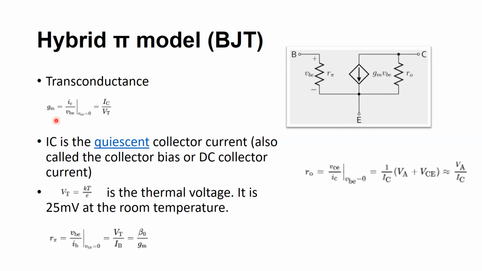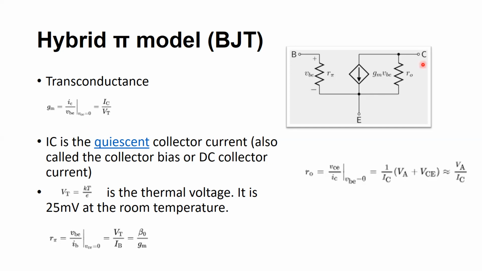The first parameter that we would like to define is the transconductance, indicated by gm, and transconductance is the ratio of output current divided by input voltage. Output current in this BJT circuit is your collector current, and the input voltage is your base to emitter junction voltage, with vce equal to 0.